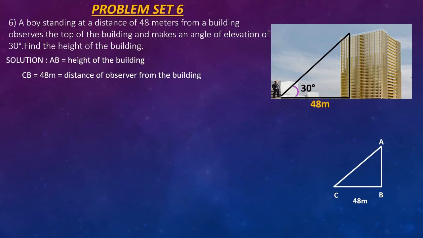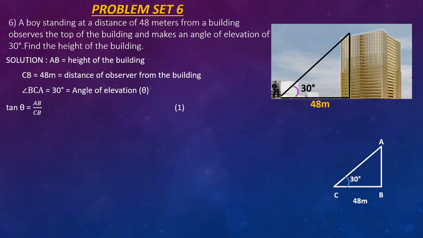AC is the line of vision, so the observer is at C and the object is at A. Between the line of vision and the horizontal line there forms an angle of elevation, which is 30 degrees. Therefore angle BCA or ACB is equal to 30 degrees, which is the angle of elevation.